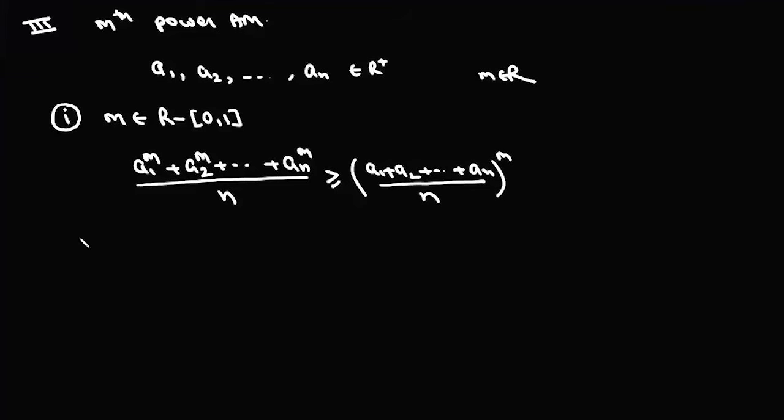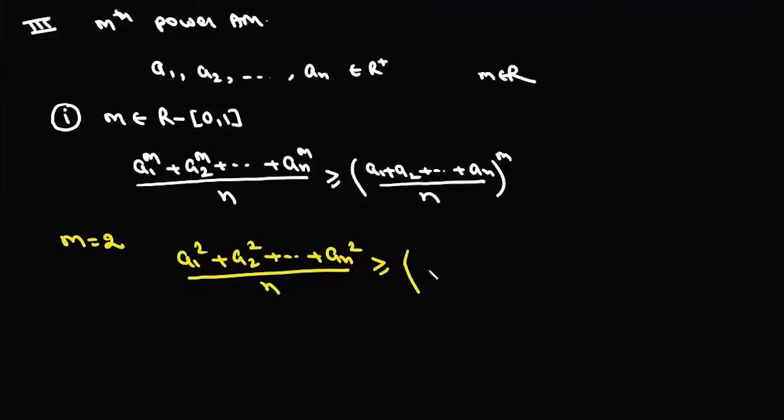Now we take an example. Say for example, we consider m as 2. Then this left hand side will be (a1 square plus a2 square up to an square) by n, which is the arithmetic mean of their squares, and will be greater than or equal to the square of their arithmetic mean, which is (a1 plus a2 up to an) upon n whole square.